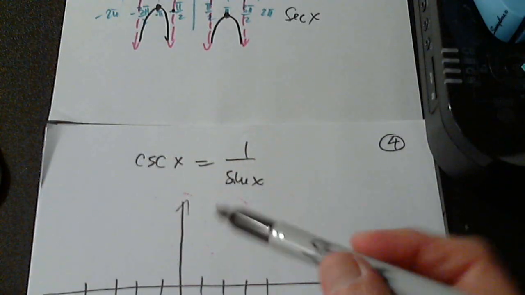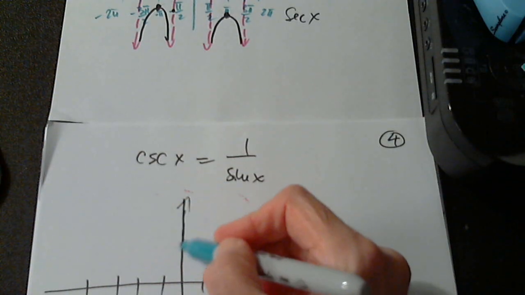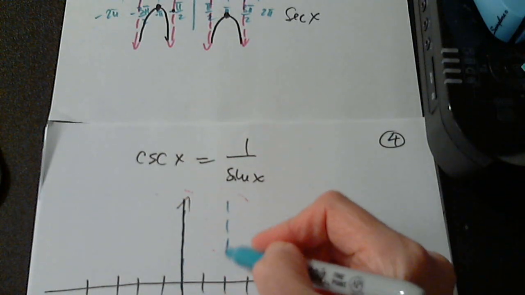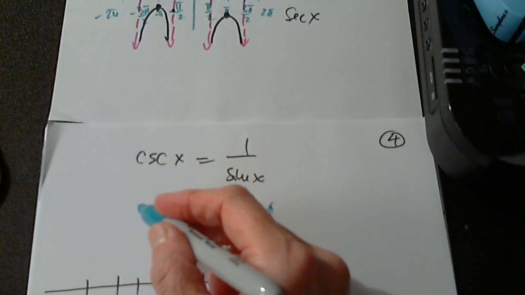So sine is 0 at 0, at pi, at 2 pi. Of course, these should have arrows because they're asymptotes.